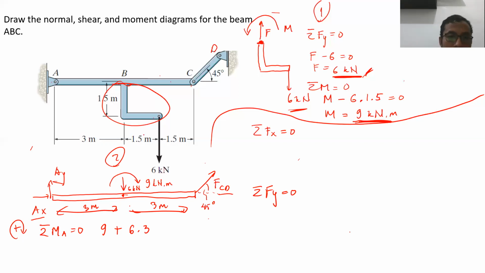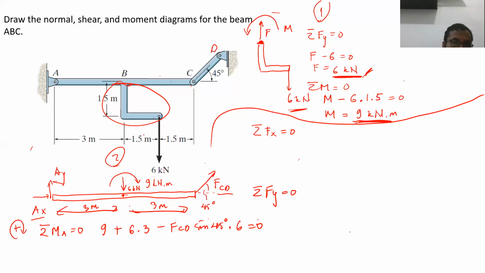And then I will have as well minus FCD sin theta, in this case 45 degrees, multiplied by the distance of 6 meters, equal to 0.